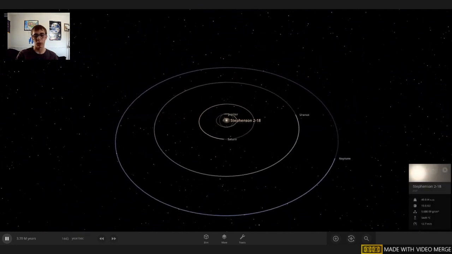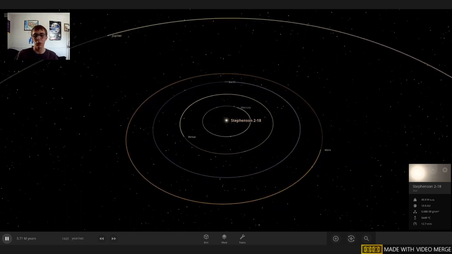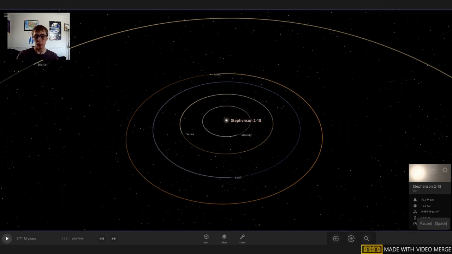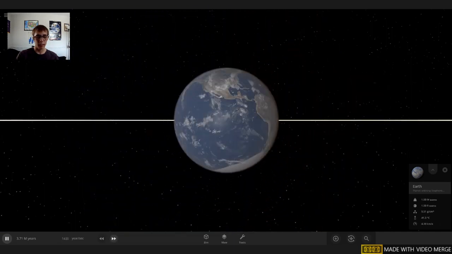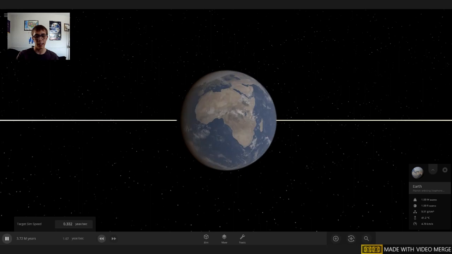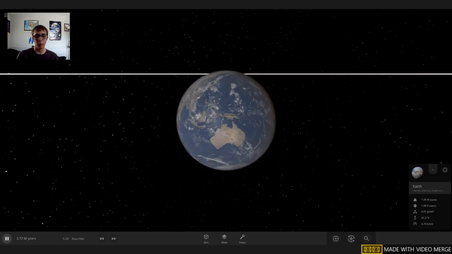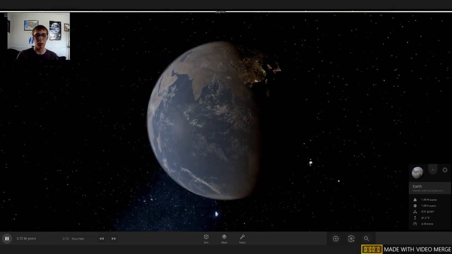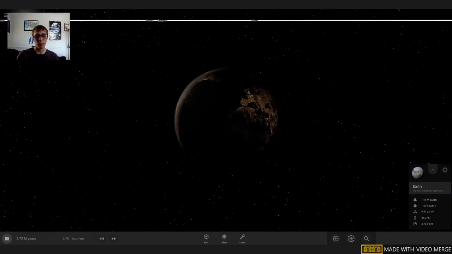Obviously the star would have engulfed everything up to Saturn, but we have the privilege to use all the planets in this set of order. So let's jump over to Earth and let's go ahead and slow time down because Earth is flying really fast and I'd prefer it not to fly fast. I would prefer it to maybe slow down a little bit and not run like a cheetah. Alright, so animal references, I know, right?